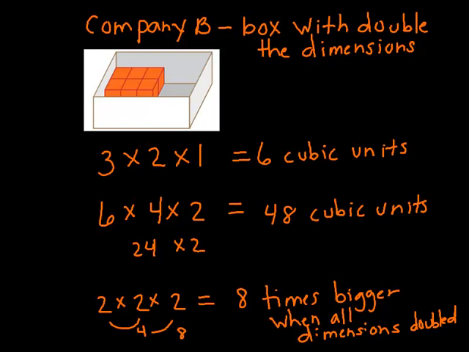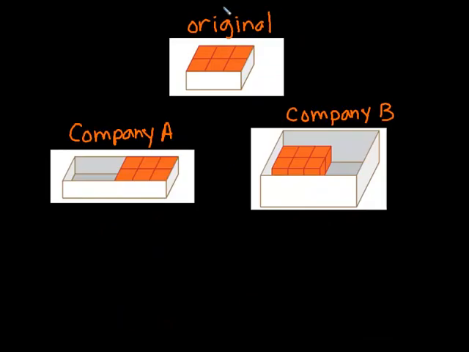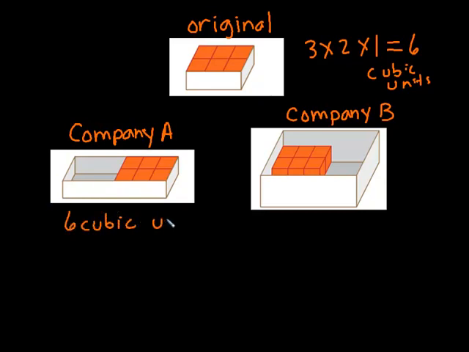So let's look at all 3 of those compared. So this was the original one that both companies used, and it had the dimensions of 3 times 2 times 1, which was just 6 cubic units. Company A just wanted to have 2 times as many, so all they had to do was take their original 6 cubic units and multiply it by 2.